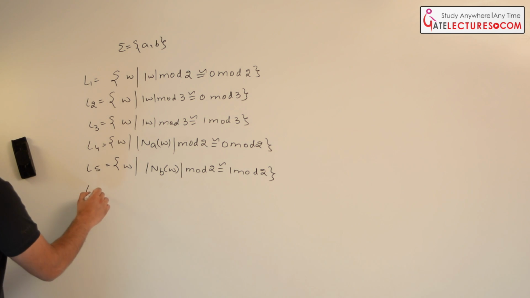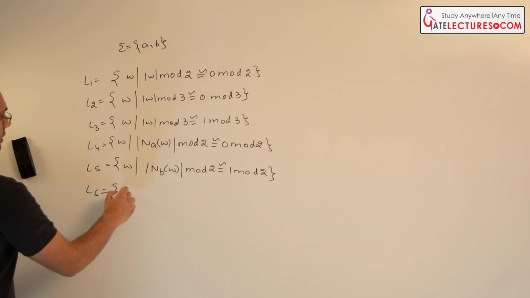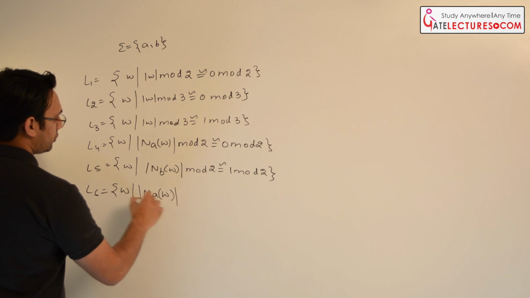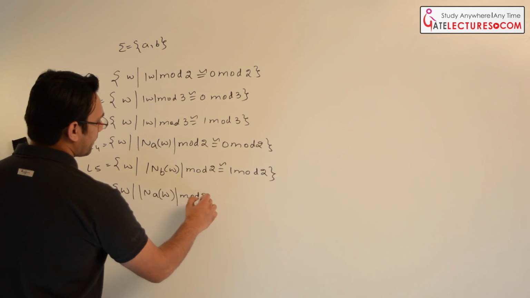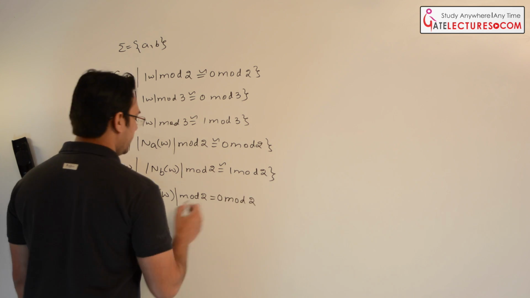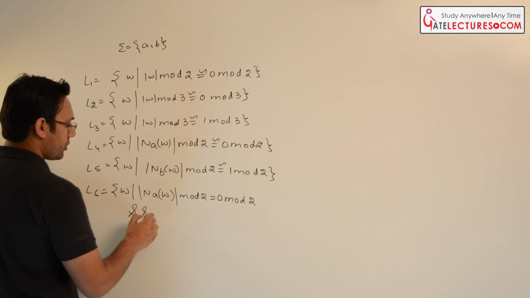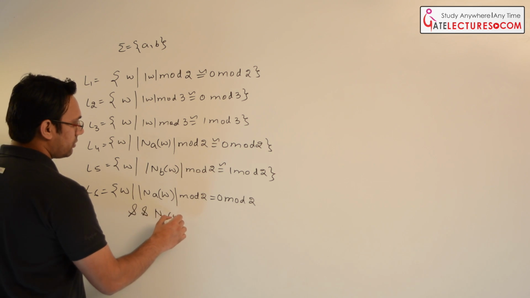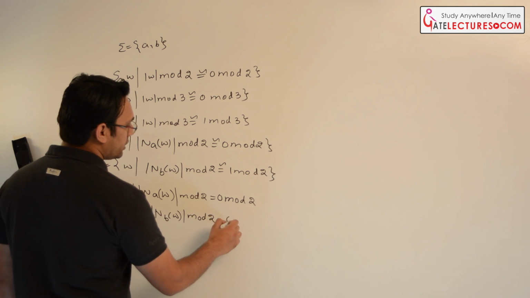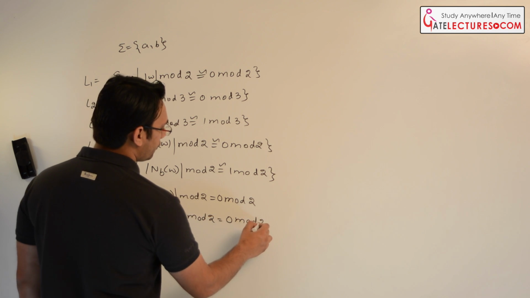We can have L6 as W such that number of a in W mod 2 is congruent to 0 mod 2, and number of b in W mod 2 is again congruent to 0 mod 2.